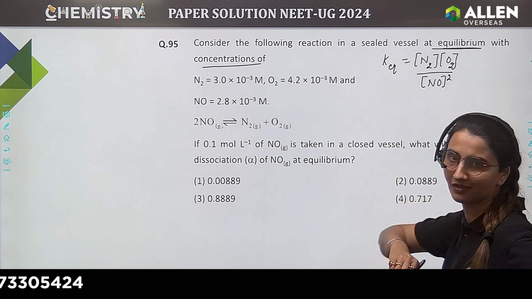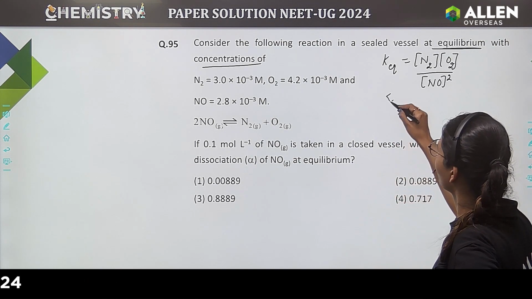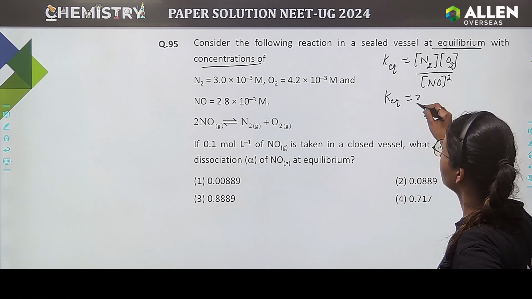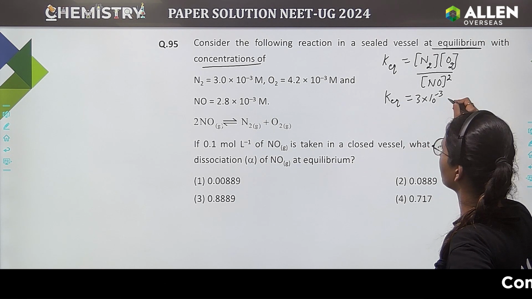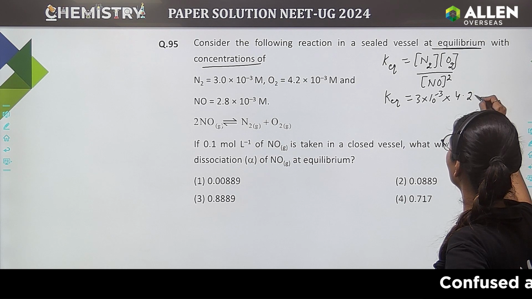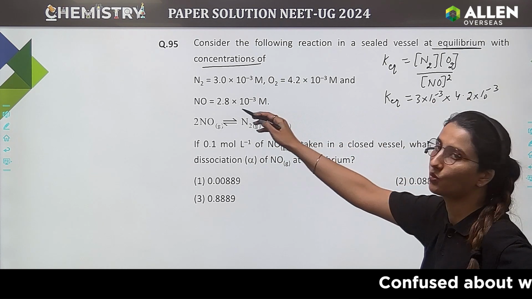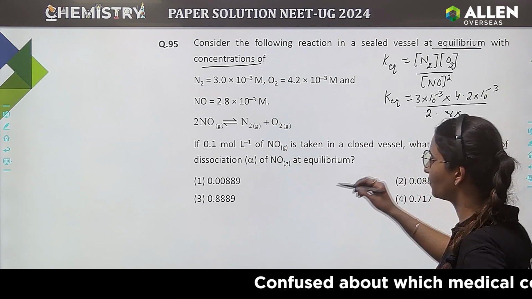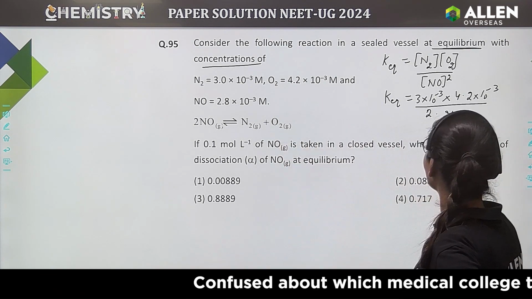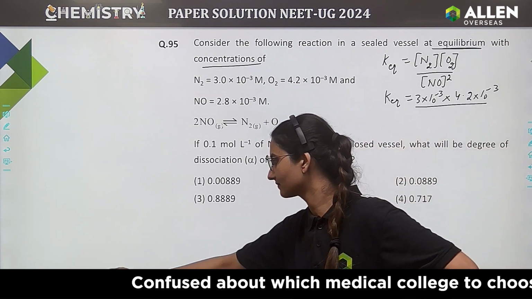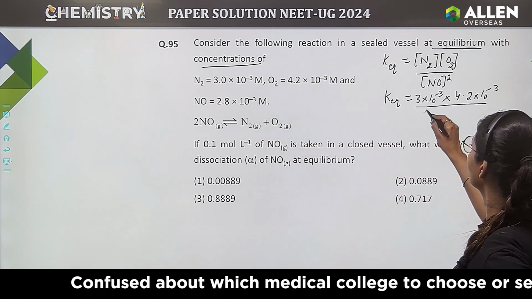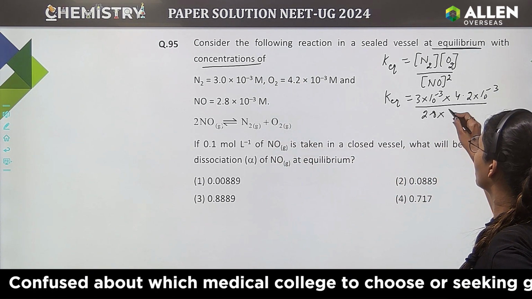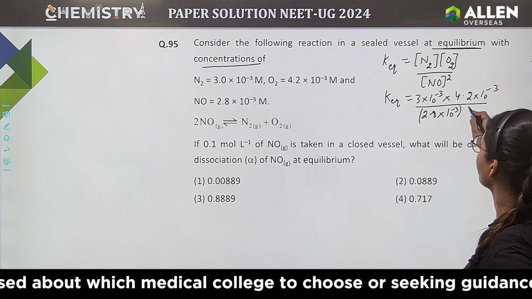Put the values. N2 is 3 into 10 raised to power minus 3. O2 is 4.2 into 10 raised to power minus 3. NO is 2.8 into 10 raised to power minus 3, squared.